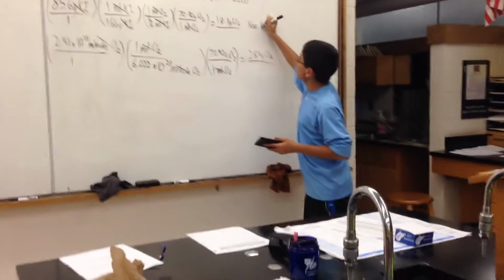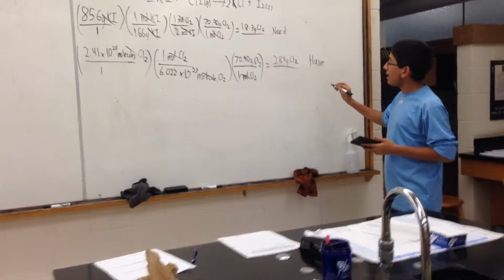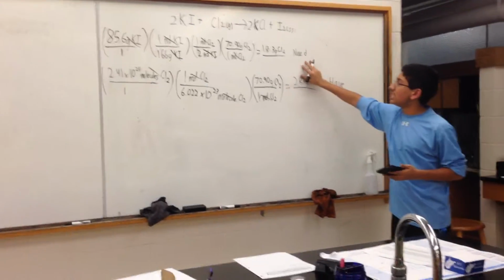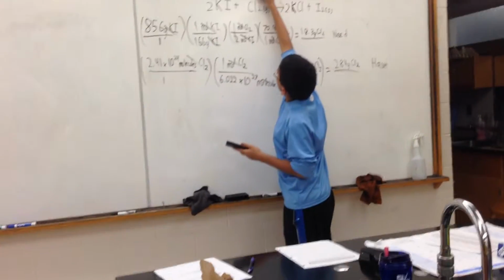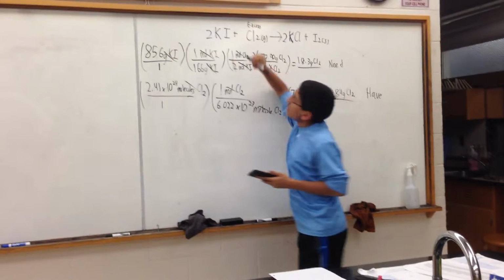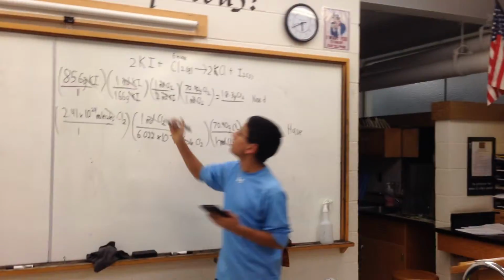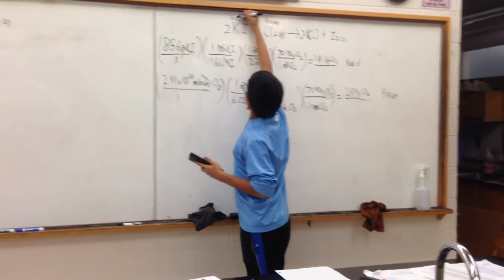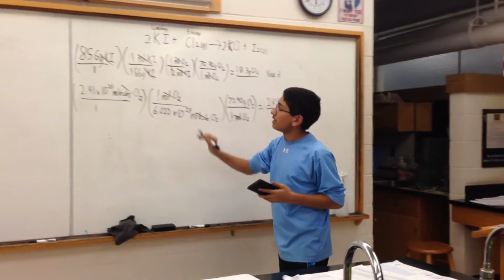This is how much we need, but we have this much. So we have a lot more than we need. So that means Cl2 is in excess. Now, if Cl2 is in excess, that means that potassium iodide has to be limiting. So we found a limiting reactant.